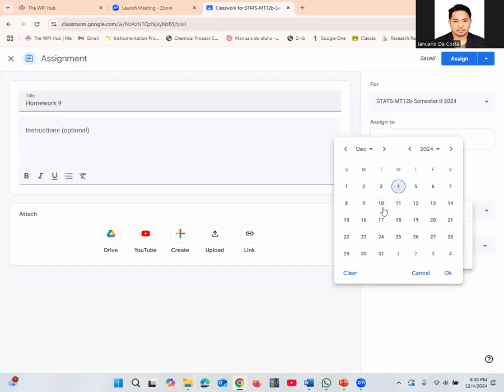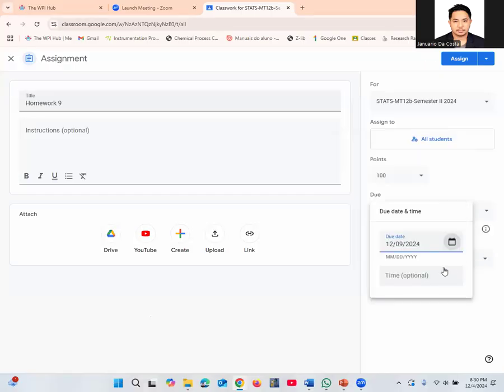So the 10th, if it's 11 a.m. there, that will be 9 p.m. over here. Okay, that will be 9 p.m. over here.